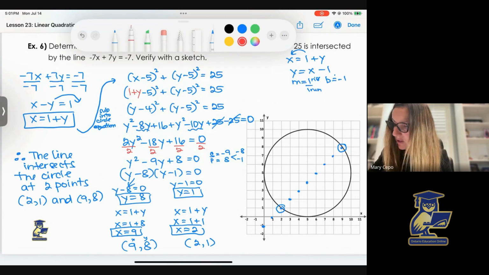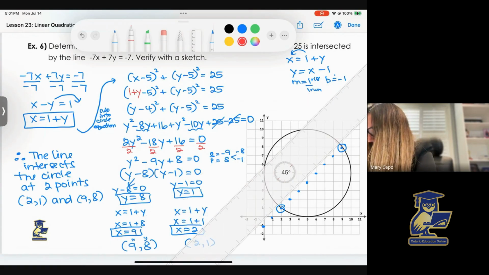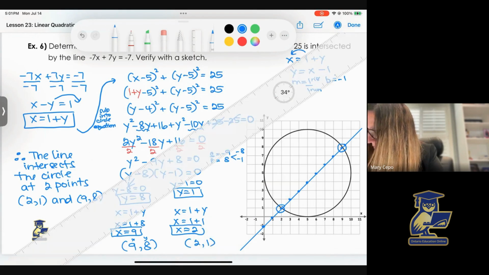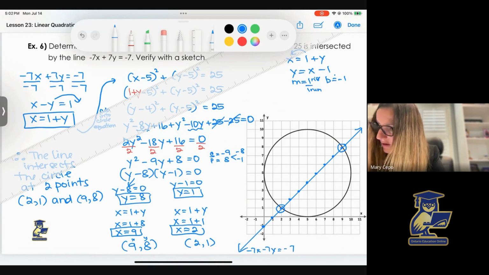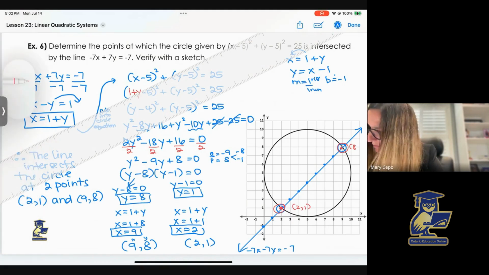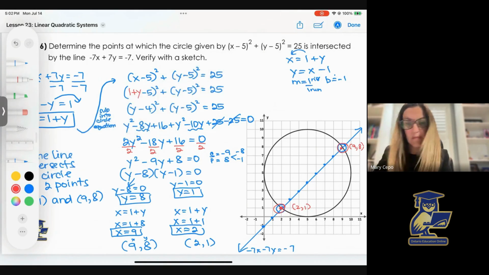Let's just graph that quickly. Negative 7x plus 7y is equal to negative 7. And we see those 2 points of intersection: 2 and 1, and the other one is 9 and 8. And there you have it.